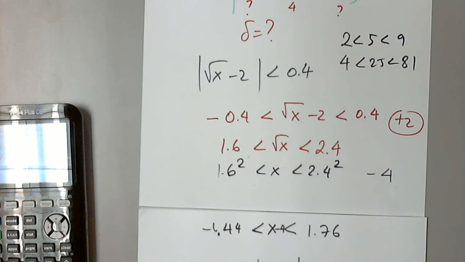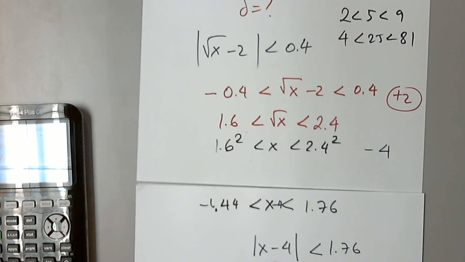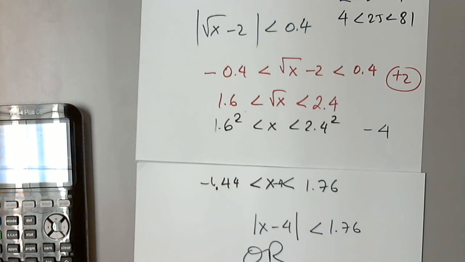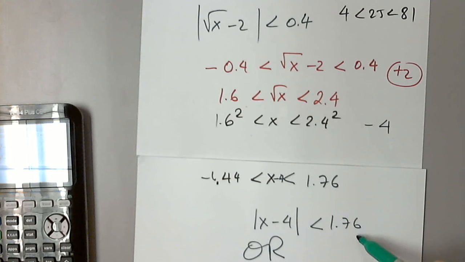|x minus 4| is less than 1.76, or |x minus 4| is less than 1.44. Because this will change into negative 1.76 less than x minus 4 less than 1.76. And this will change into negative 1.44 less than x minus 4 less than 1.44.